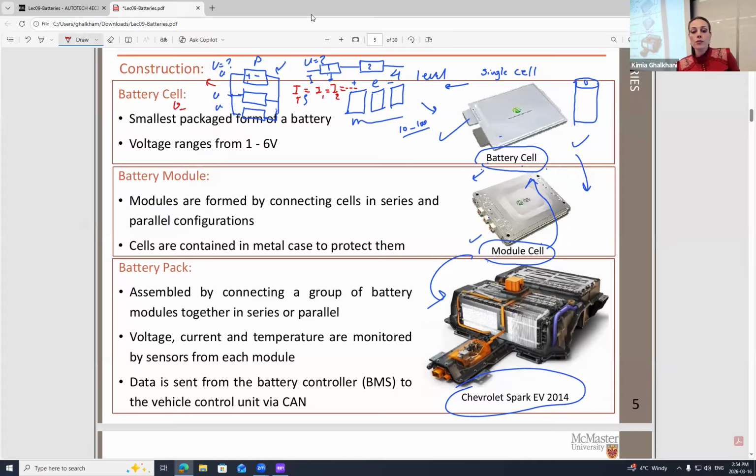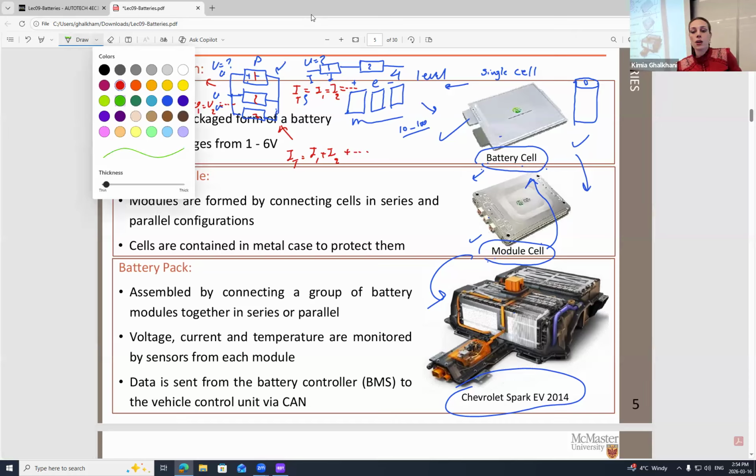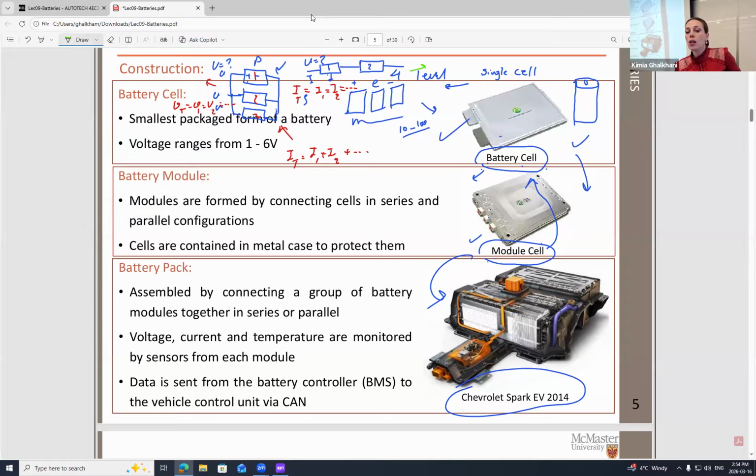If I'm calculating V total, this is 1, 2, and 3, V1 equals V2 and so on. But how about I? I is going to be accumulation, right? I in here is going to be the accumulation of I1, I2, and so on. And here opposite, I'm going to write it with a different color. Here I is equal, voltage is going to be accumulation. How about that? Make sense?